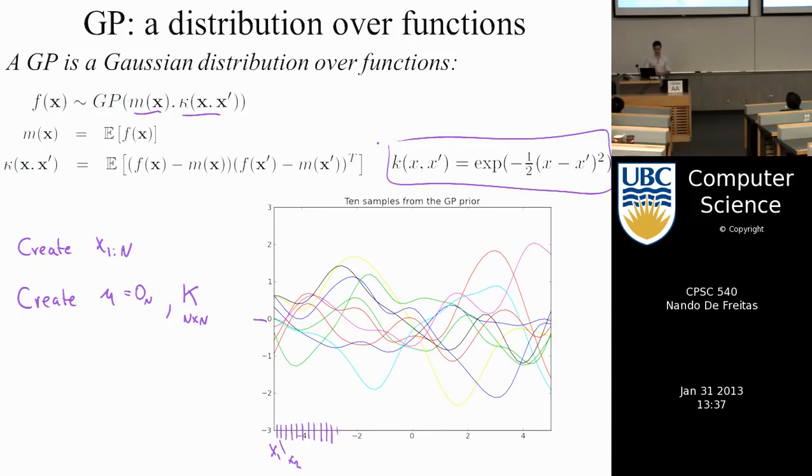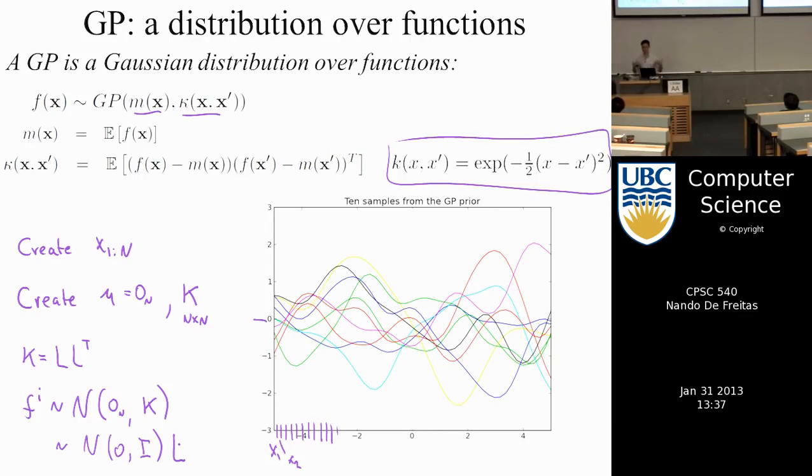And after I've created this, I find the Cholesky decomposition of K. And then I draw a bunch of samples, f_i, which are samples from a Gaussian distribution that has mean 0_n and covariance K. But the way I draw it is by drawing standard 0, 1 Gaussian variables and multiplying them times the matrix L, the square root of K, if you will.